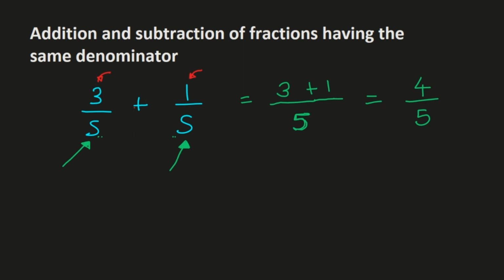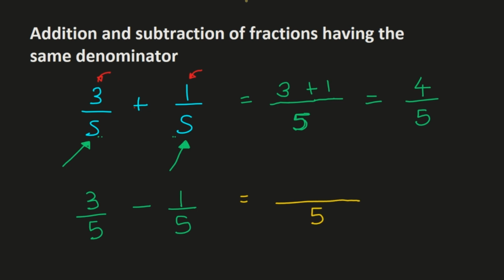Let's see a subtraction and check how it goes, right? Let's take the same example. 3 upon 5 minus 1 upon 5. So what's the first thing that you need to decide? You need to understand, okay, the answer's denominator also needs to be 5.